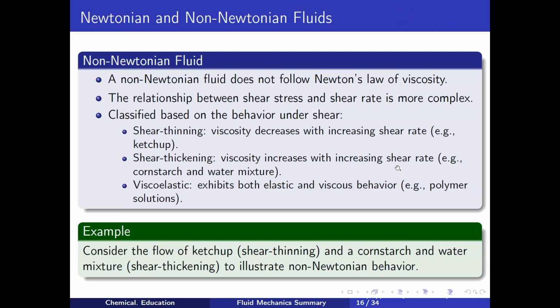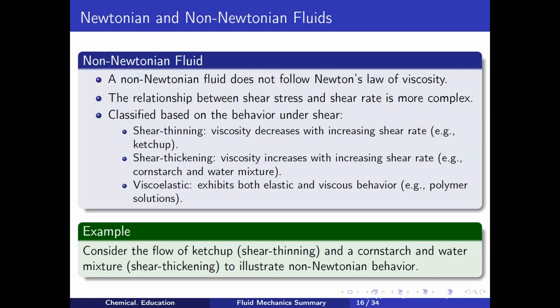Now non-Newtonian fluid. A non-Newtonian fluid doesn't follow Newton's law of viscosity. The relationship between shear stress and shear rate is more complex, classified based on behavior under shear. Now here three types: shear thinning, viscosity decreases with increased shear rate, that is ketchup.